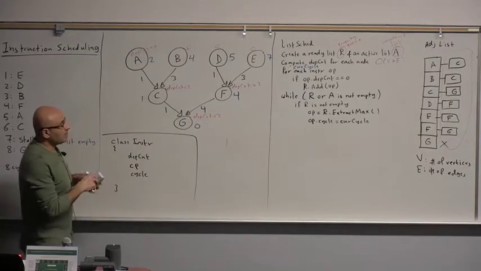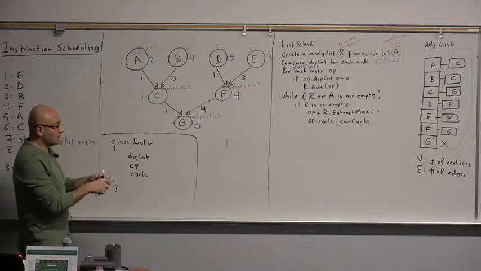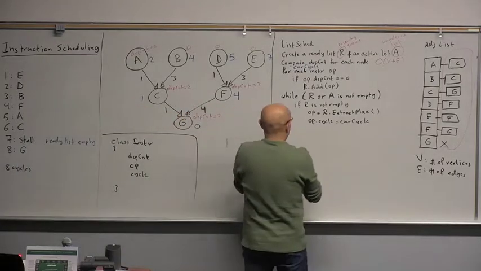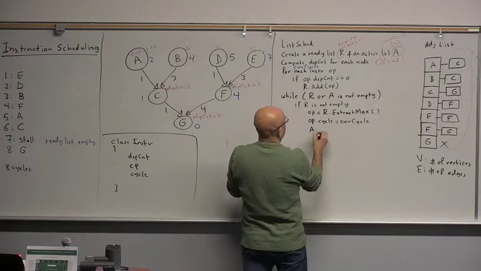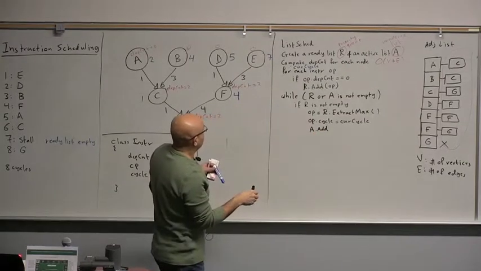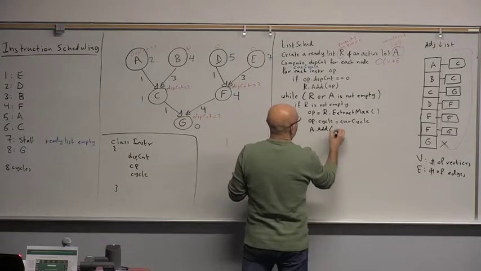Okay. And then what should we do with it? Now we're scheduling this. So add it to the active list? Exactly, yeah. So A dot add. It doesn't matter where we add it. A dot add of this op.